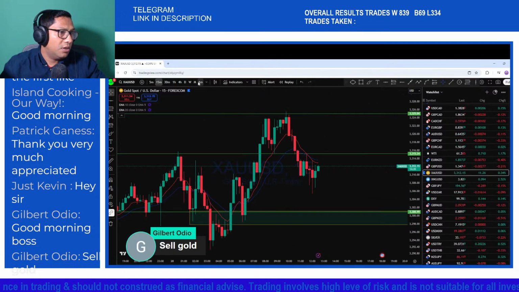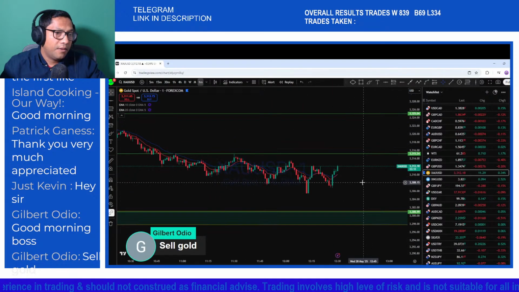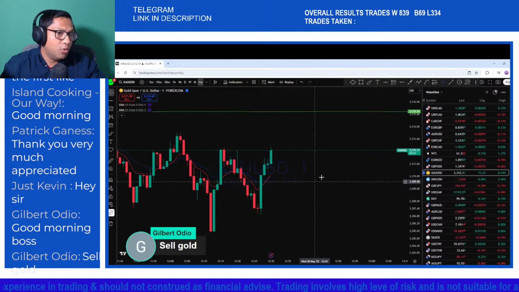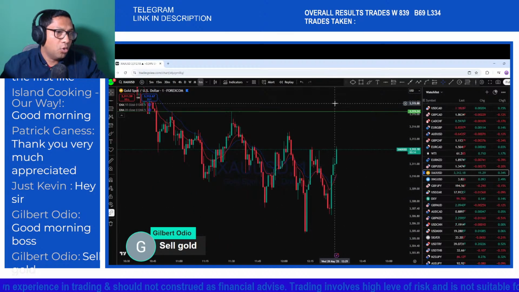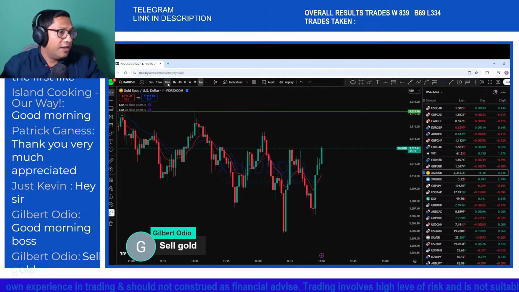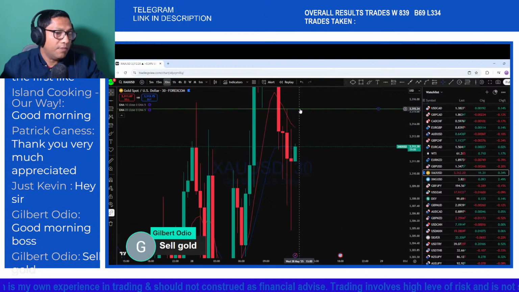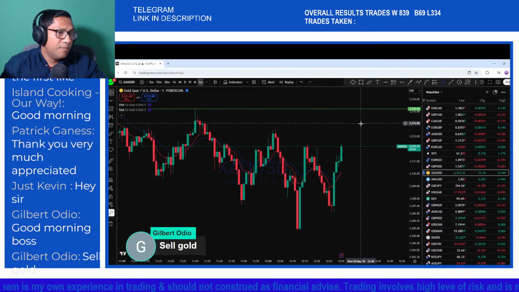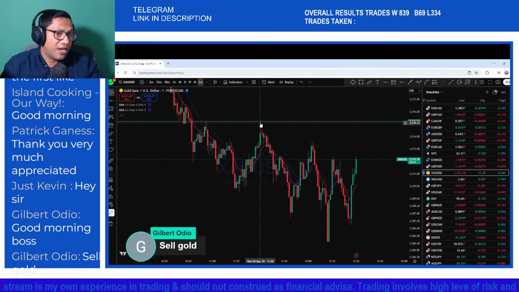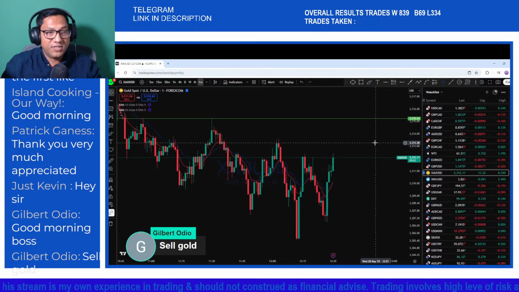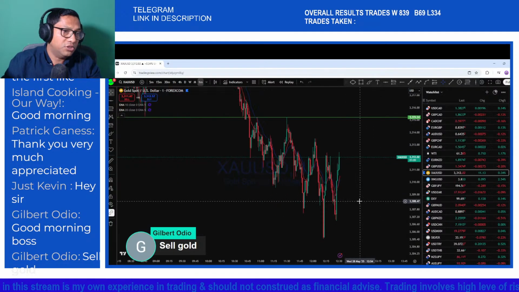Looking at the 1 minute move, I would like to see that it's going back up, and if this 30 minutes price goes back up, that means the 1 minute price is pushing back up to that level, and we may find another selling opportunity in this market.